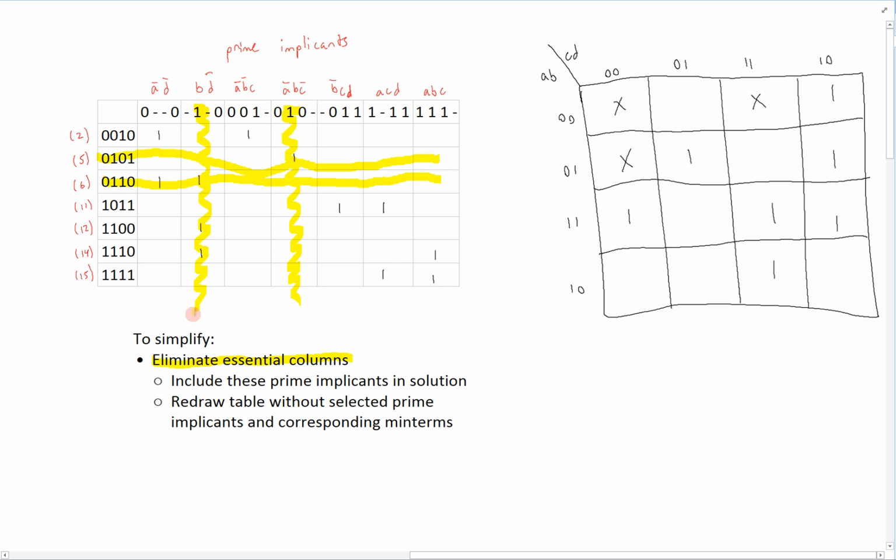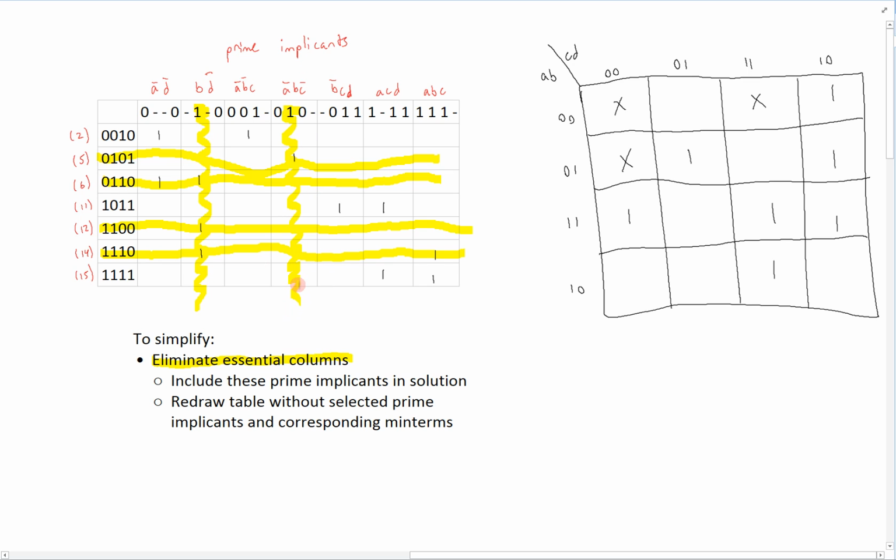Since we're including this prime implicant, that means we are covering this row as well because it does have a 1 in it. Of course, we eliminate this one since that was the only one. And we also eliminate this one. Again, even though it has more than one 1 in the row, it's already being covered by this prime implicant.